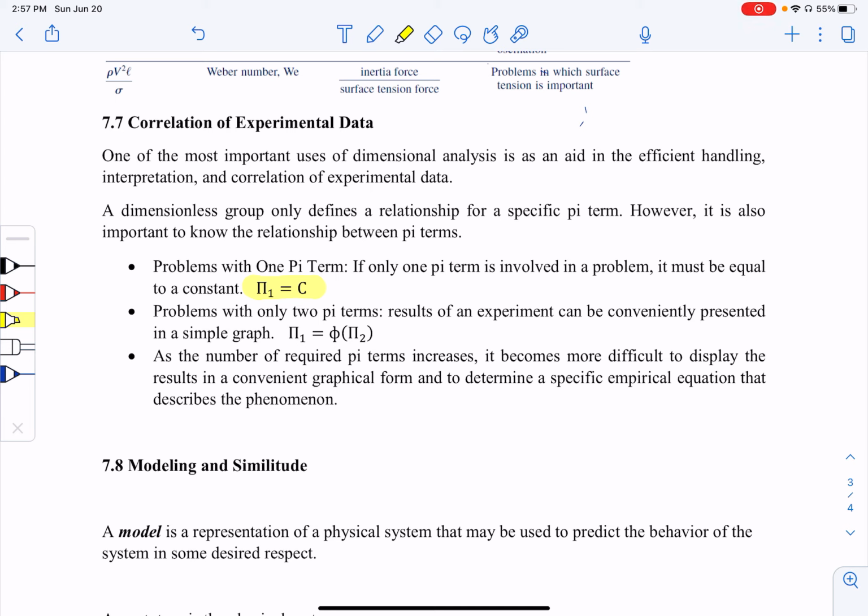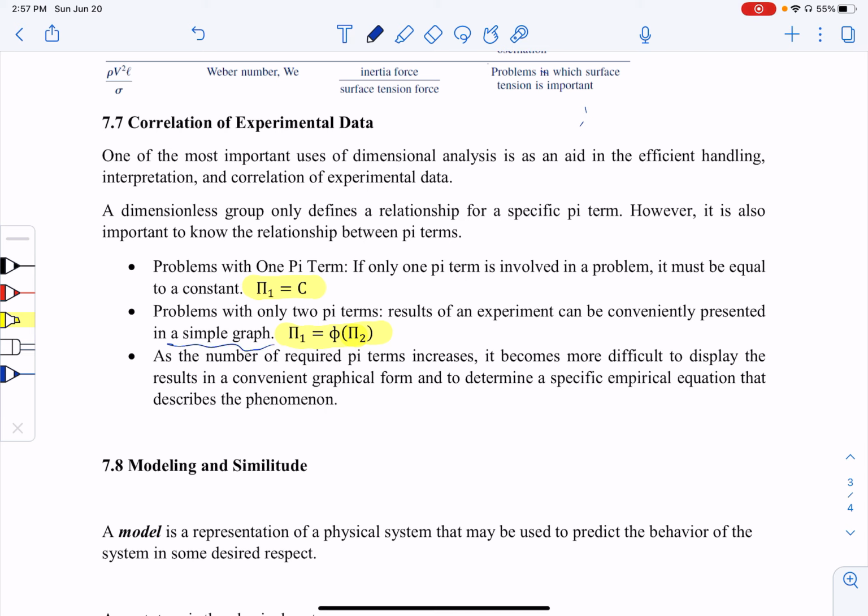Or if we have two pi terms, we are going to say that pi 1 is a function of pi 2. Because it's just two pi terms, it is very easy to show it in a simple graph.